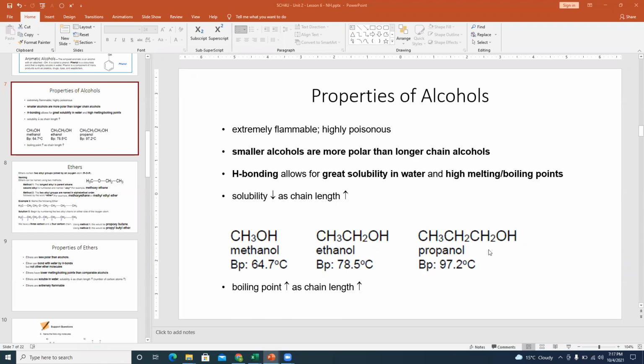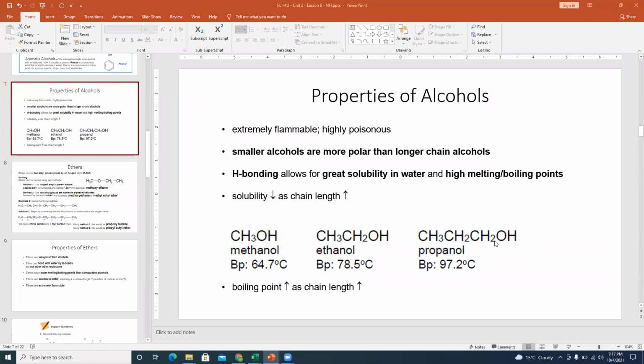Do you remember from a couple of lessons ago, when we were talking about intermolecular forces, what type of intermolecular forces this part of the molecule, the part that is not polar, would participate in? It won't be dipole-dipole, because dipole-dipole needs some polarity.